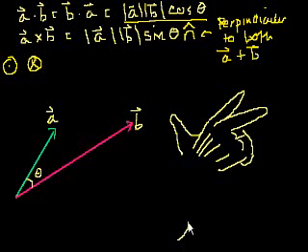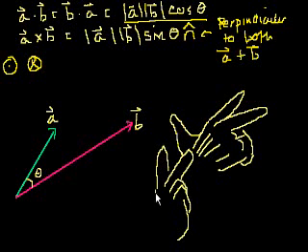You'd see your palm and your pinky would be like that. Your middle finger would go in the direction of B, your index finger goes in the direction of A, and you actually wouldn't even see your thumb because your thumb is pointing straight down. But I think you get the point. A cross B, this n vector, is pointing straight down. It's a unit vector, and this provides the direction. Unit vector just means it has a magnitude of 1.